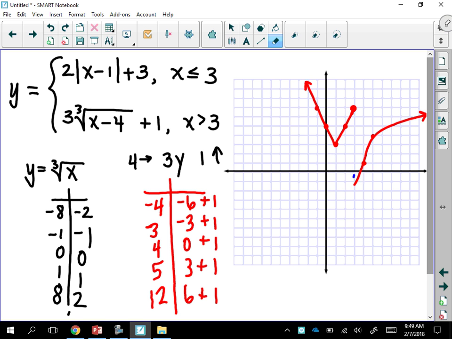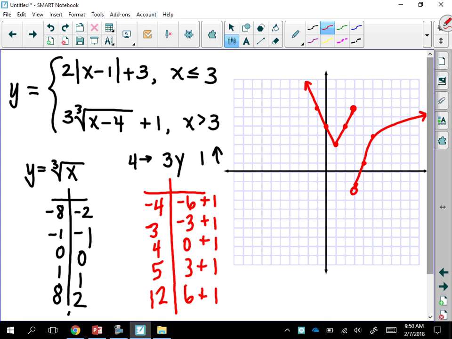And at 3, am I using an open circle or a closed circle? An open circle this time, because it's just x is greater than 3. And there would be our piecewise function. So it graphs one function over one domain, and then a different function over its own domain.